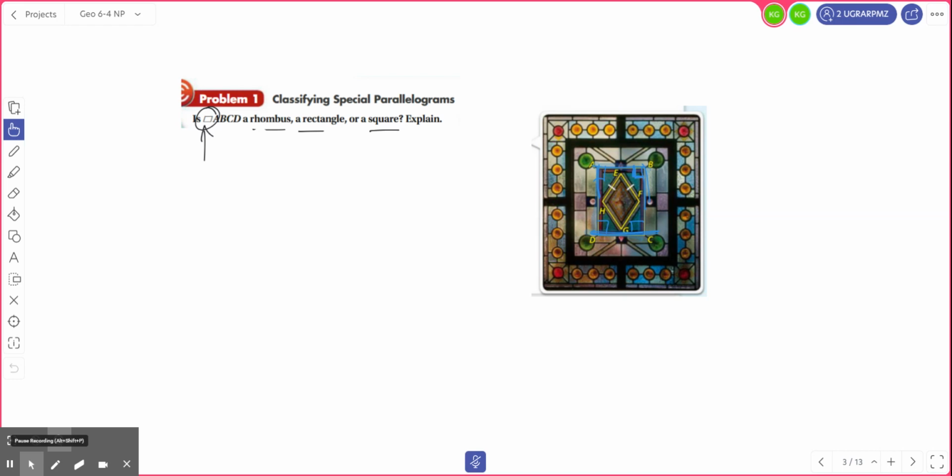So this looks like a rectangle. Now, we should never just trust the picture, but we don't have enough information here to say that this is a square. So we can say a rectangle, and that is correct. It's possible that it's a square, but we don't have enough information for that.